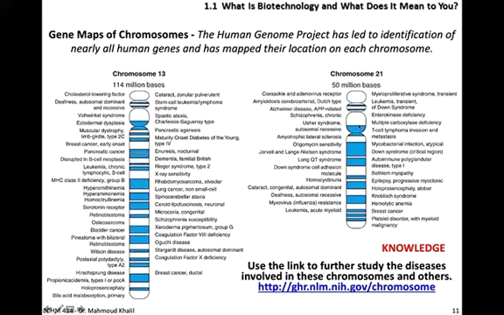So this is like a map for chromosome 13 and chromosome 21. And of course, both of these figures are for knowledge. The Human Genome Project led to the identification of nearly all human genes, and they also mapped their location on each chromosome. If you are more interested, you can follow this link to know which disease is associated with which gene and chromosome.